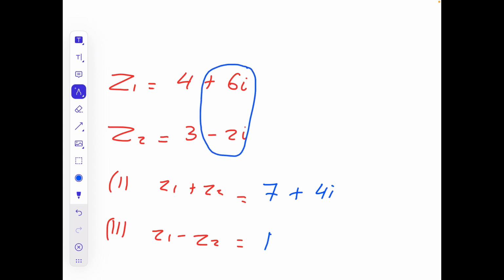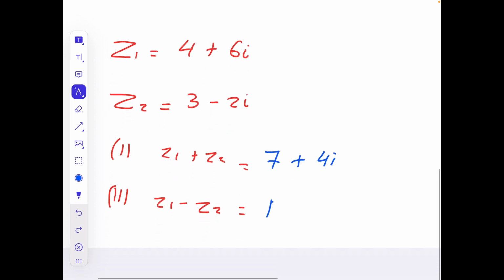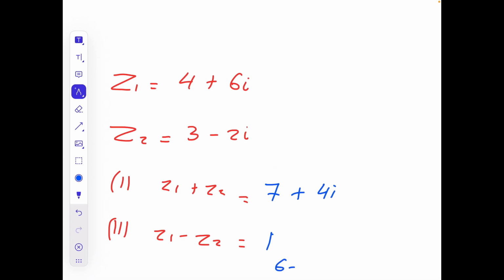And then we're going to have 6i minus 2i. Now, we're subtracting and we have a minus sign. So there's two minus signs there coming together. Two minuses actually make a plus. So that's going to change into 6 plus 2i, which is going to be 8i. So your answer will actually be 1 plus 8i.